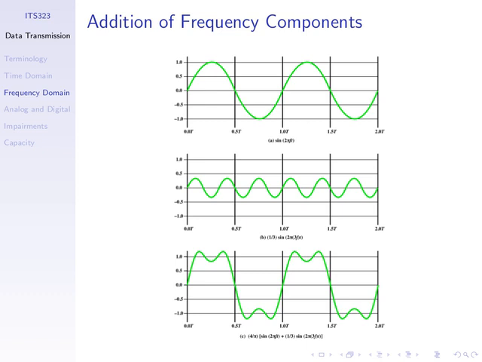Why is there this 4 divided by pi? If you look at the previous slide, the equation has a multiplier at the front. We had S of t equals 4 on pi times the addition of these two.